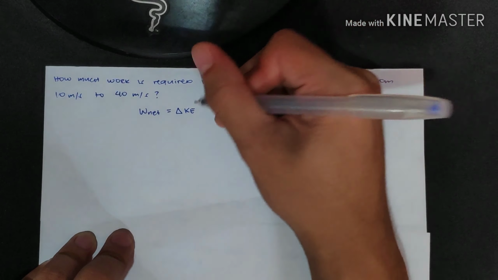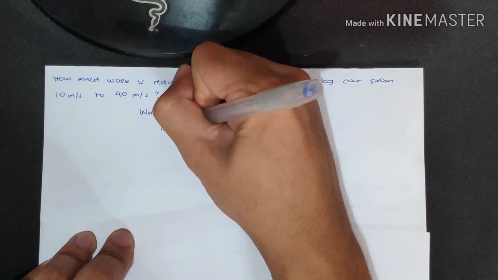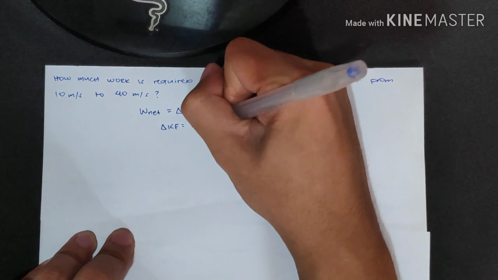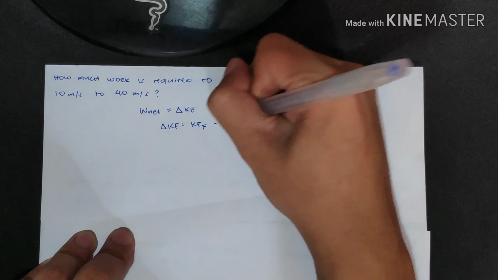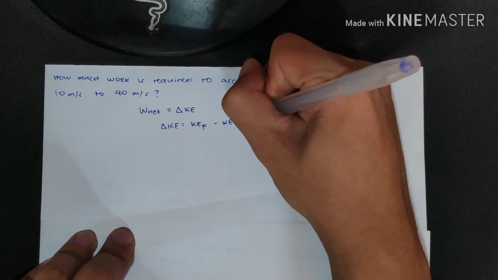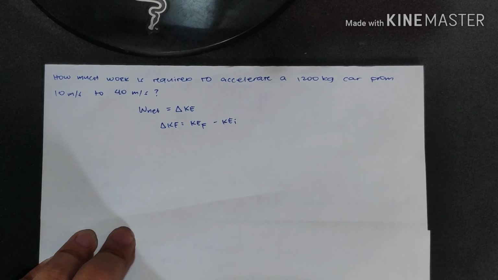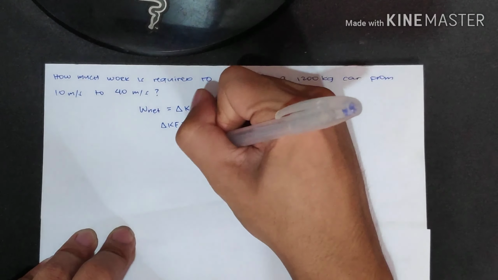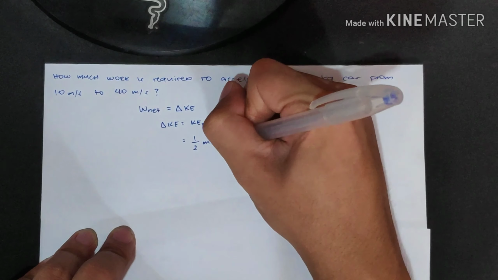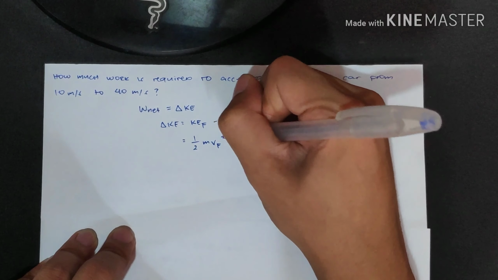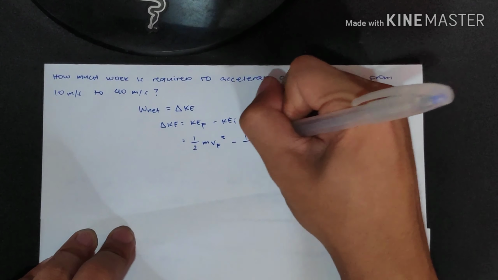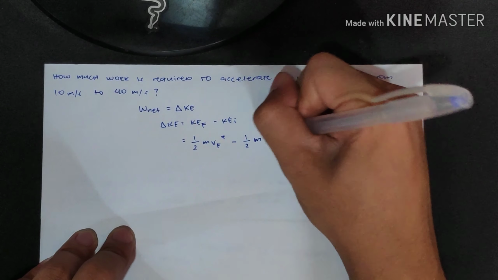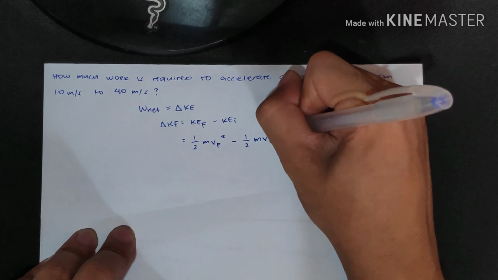Change in kinetic energy is equal to kinetic energy final minus kinetic energy initial. We know that kinetic energy is equal to 1/2 mass times velocity final squared minus 1/2 mass times velocity initial squared.